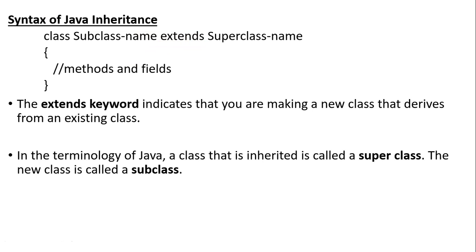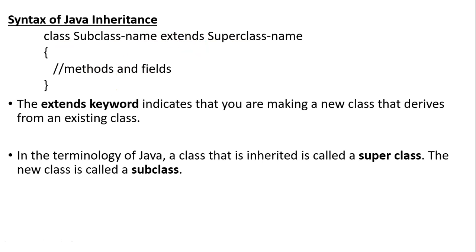After the extends keyword you can specify the superclass name. So class is a keyword to create a class, the subclass name is the newly created class, extends is the keyword which represents the inheritance we are performing, and the superclass name means an already existing class. From the already existing class we are creating a new class, which is represented with extends. As usual, we can define the methods and fields.